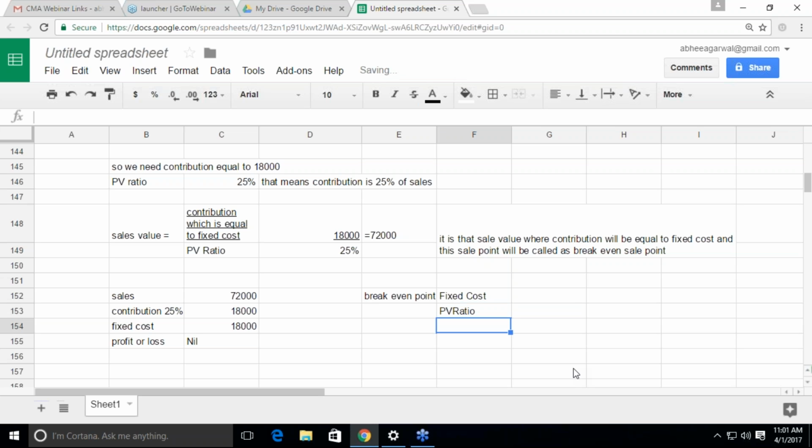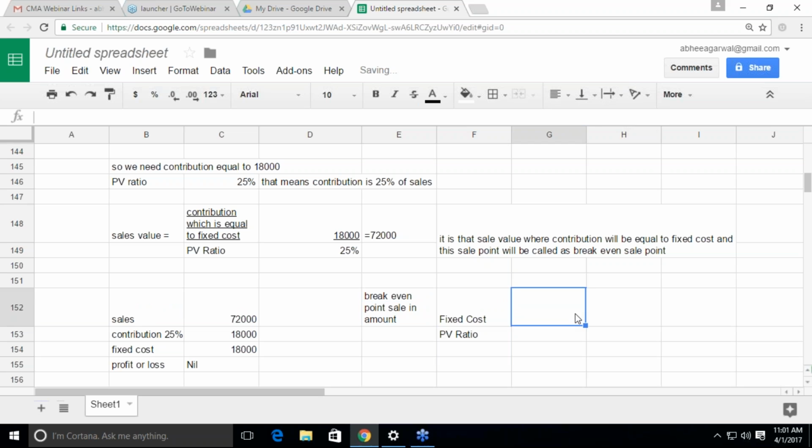If I want to calculate the break-even point sale in amount, the formula is fixed cost divided by PV ratio. Very important formula.